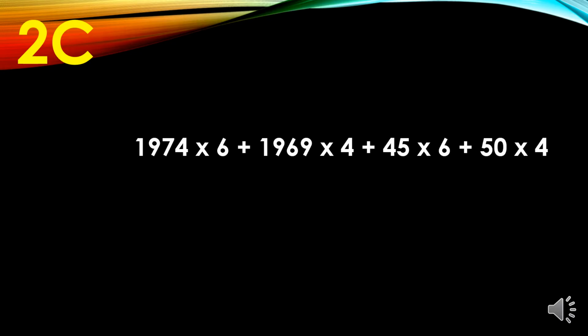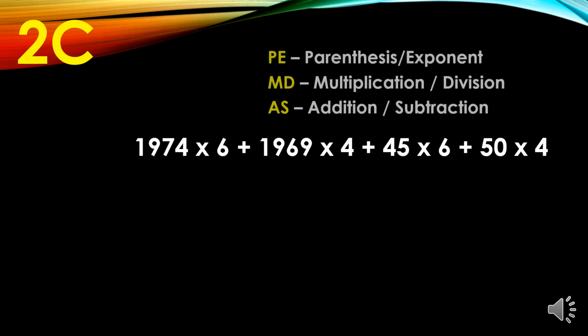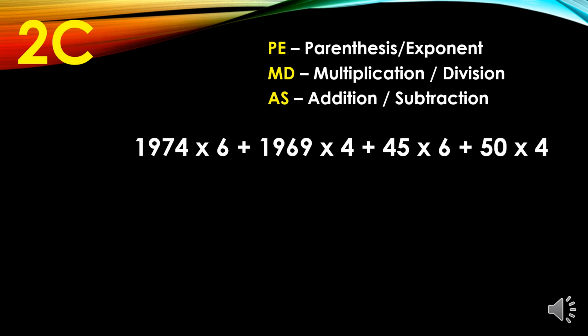Okay, next we have 1974 times 6 plus 1969 times 4 plus 45 times 6 plus 50 times 4. In this case, as we have said, the rule of PEMDAS: parentheses, exponents, multiplication, division, addition, and subtraction.